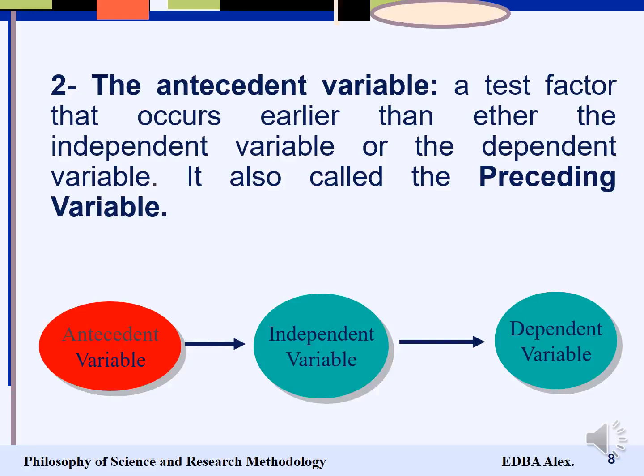So people work a number of hours, then they get paid income, and the income makes people spend money. So here, as you see, the antecedent, the working hours, plays the role of the independent variable.